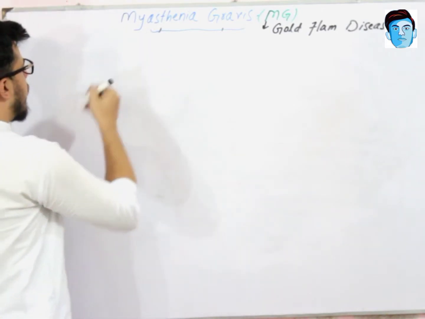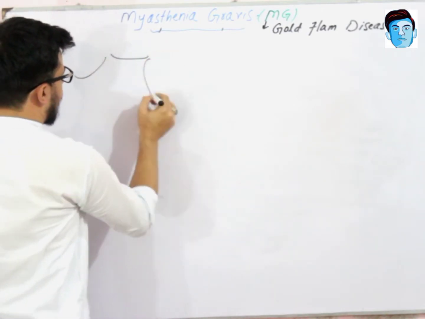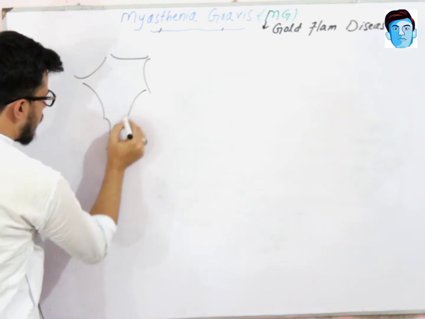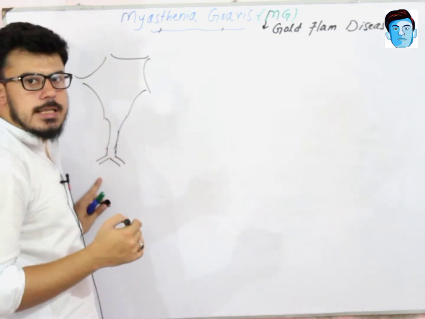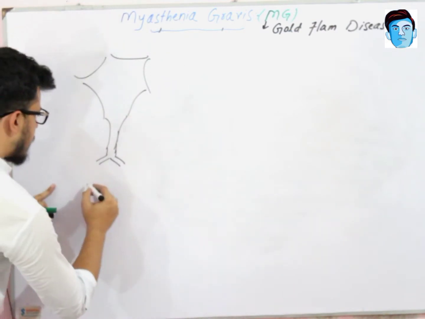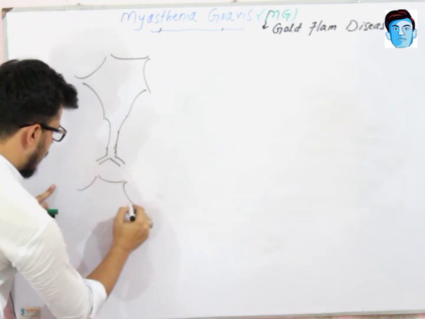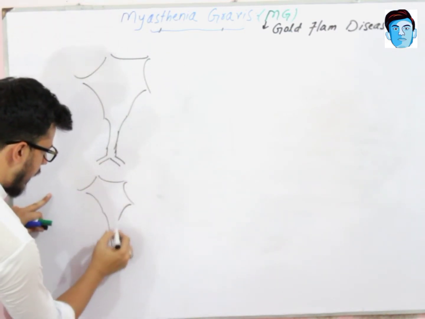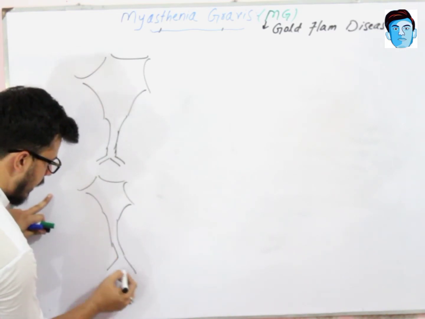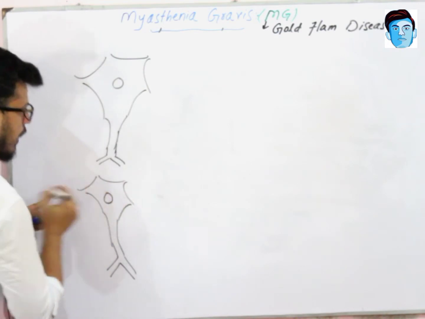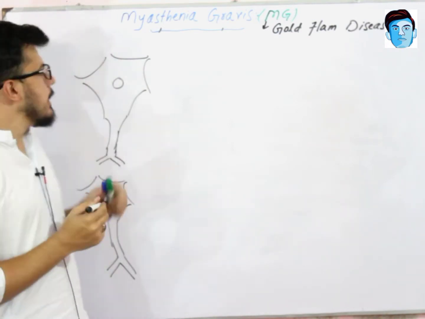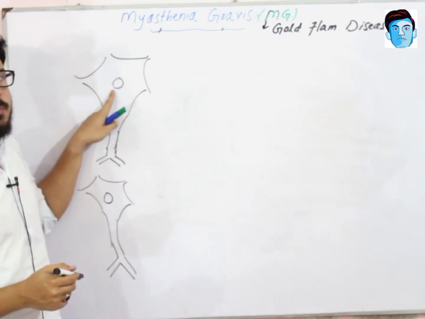As we are familiar, these are the dendrites of the nerves, these are axons, and these are axon terminals. There is another neuron having dendrite, axon and axon terminal, and inside there are cell bodies.